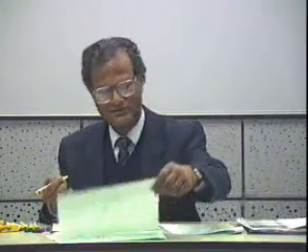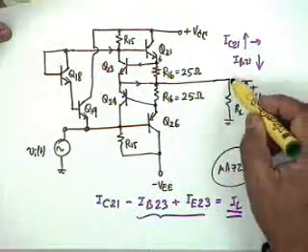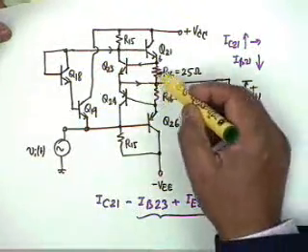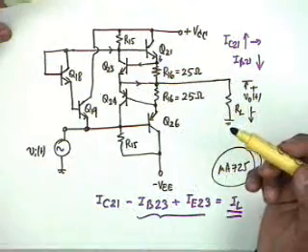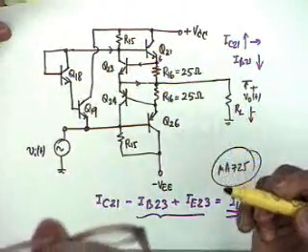Maximum possible swing. Ignore the effect of R16. It is VCC minus VC sat. Okay, and therefore the answer to this question is very simple.